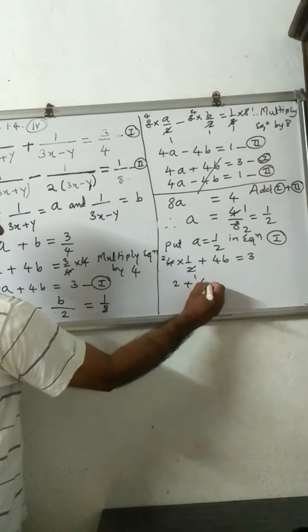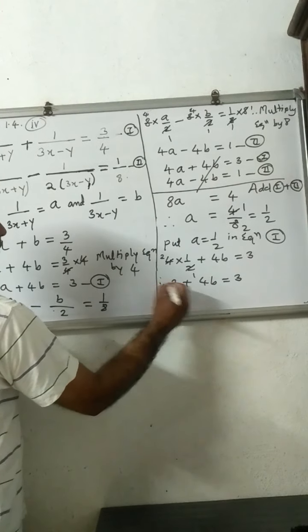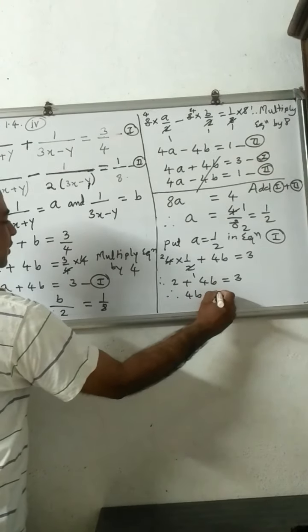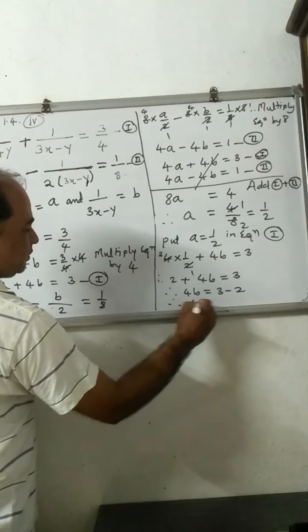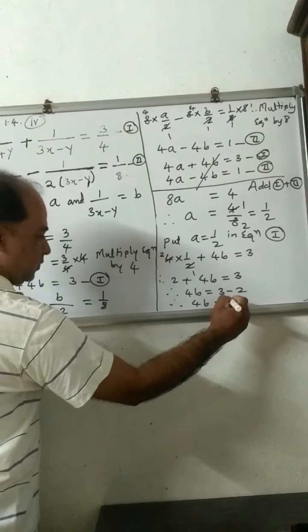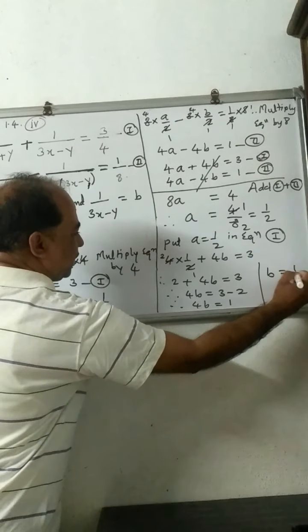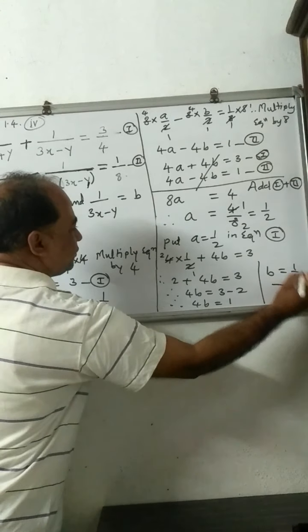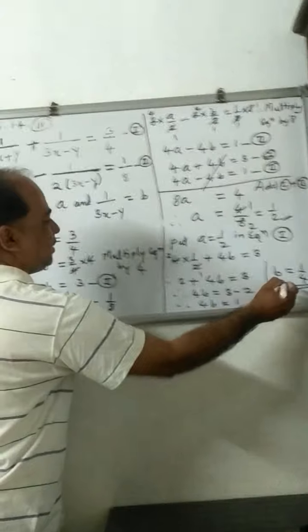So 2 plus 4b is equal to 3. Therefore, 4b is equal to 3 minus 2. So 4b is equal to 1, and hence b will be equal to 1 upon 4. So a is equal to 1 upon 2 and b is equal to 1 upon 4.